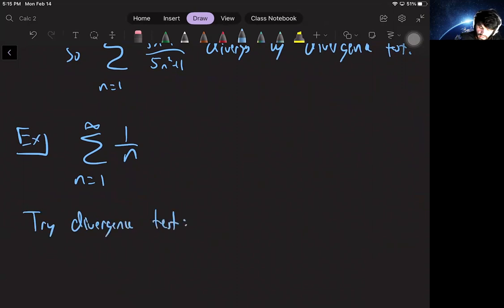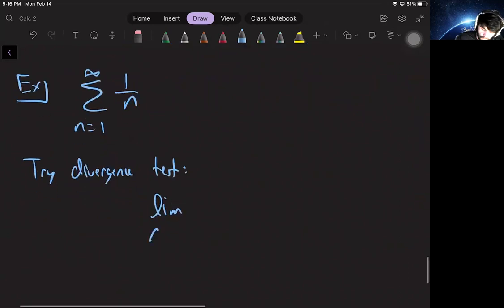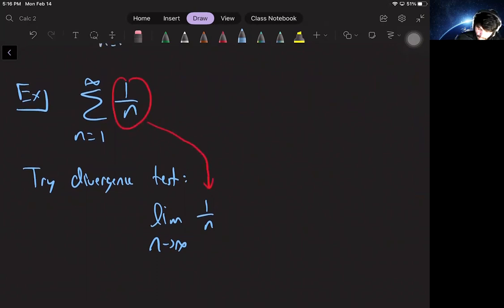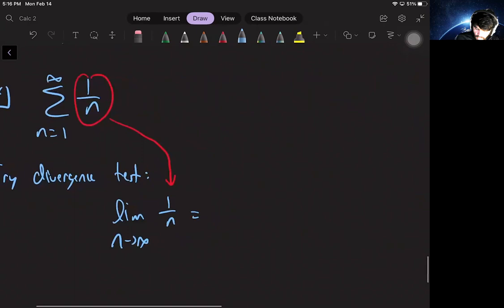So the divergence test says, take the limit as n goes to infinity of just the sequence. So you forget the series exists. You just do that, and you say, okay, what is this? Well, because there's an n on the bottom and no n's on top, it just shrinks and shrinks and shrinks to 0. And you say, is this 0? Whoops, it is 0. So yes, it is 0.